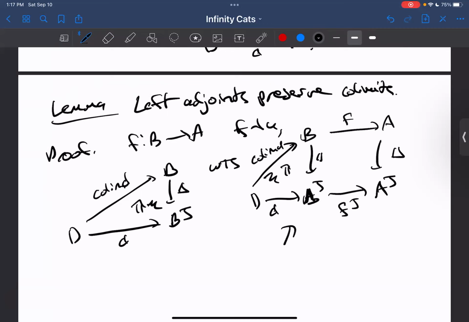We want to show that this is an absolute left lifting.